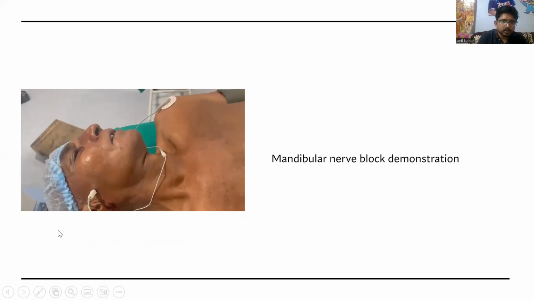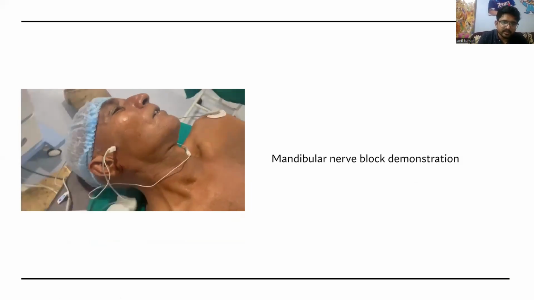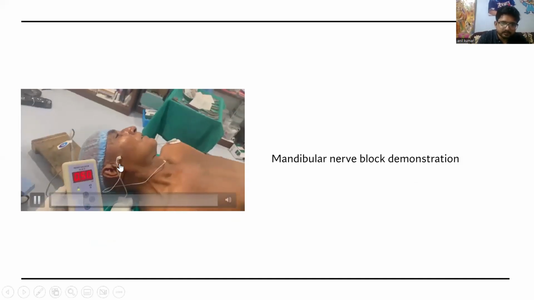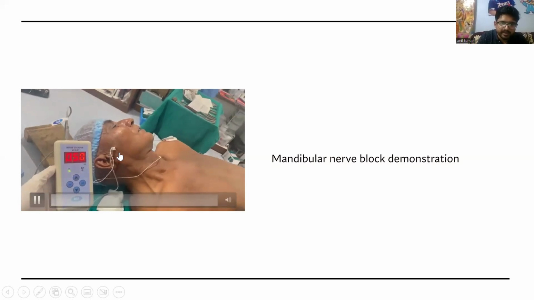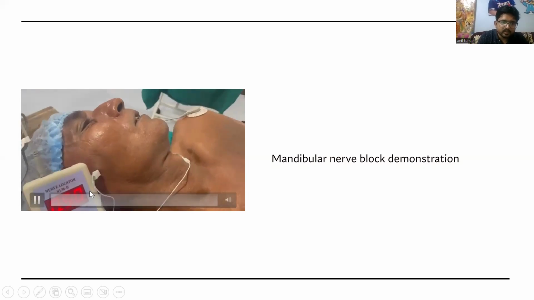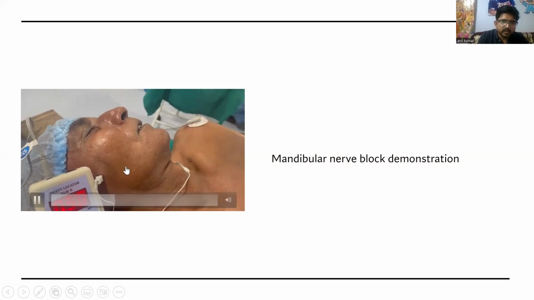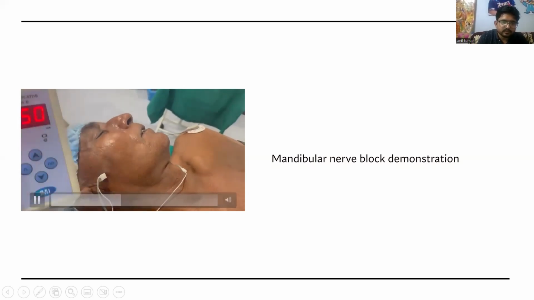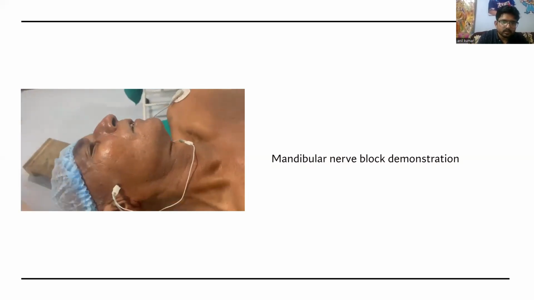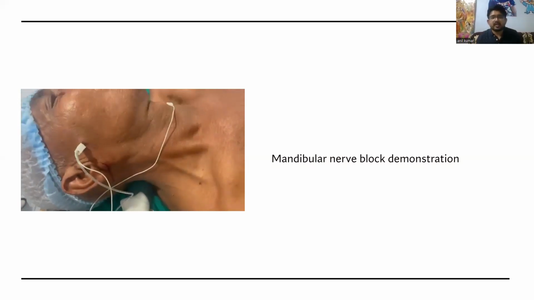You can see the movements of the mandible when you insert the needle 2 to 3 centimeters anterior to the tragus, in the coronoid notch of the mandible. By decreasing the current to 0.5, you are still getting twitches. Even if you decrease to 0.3, they should disappear.